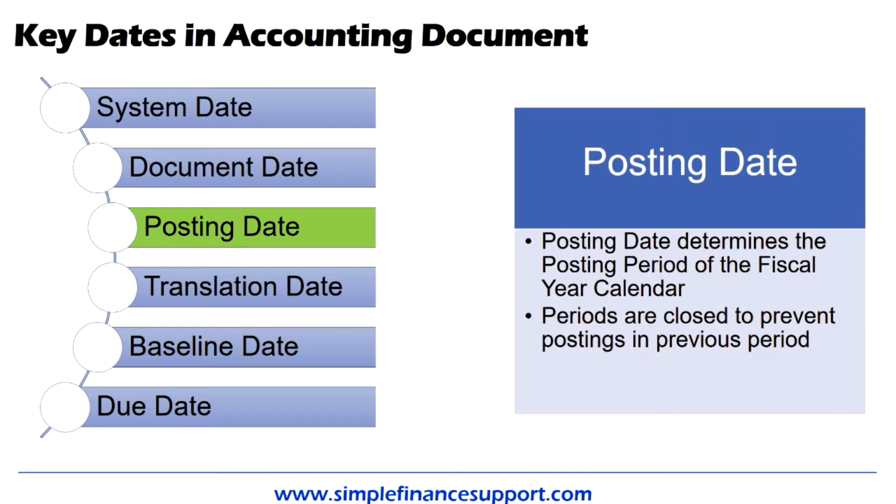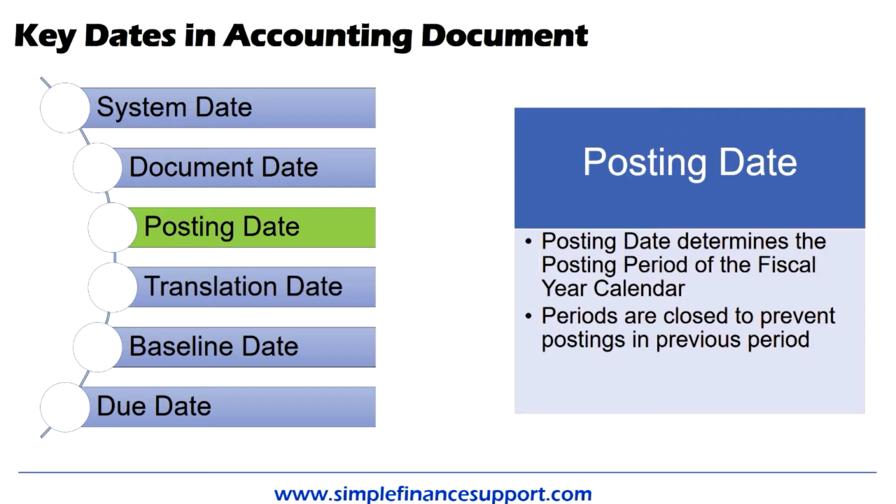The posting date is the date in which, when you enter, the fiscal year period is determined based on the posting date. So normally the posting period is the period in which you're operating in, and the date you pick up in that particular period always determines that period itself.